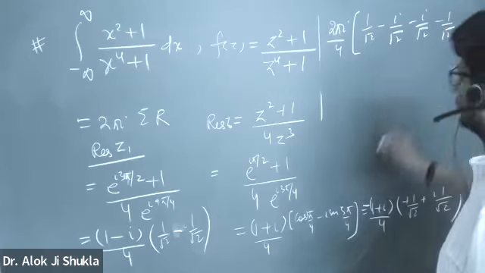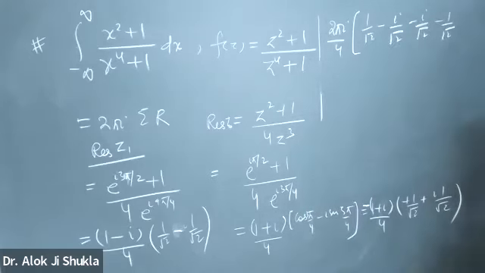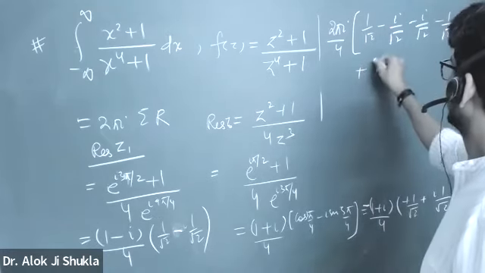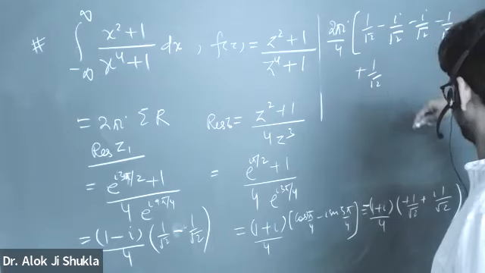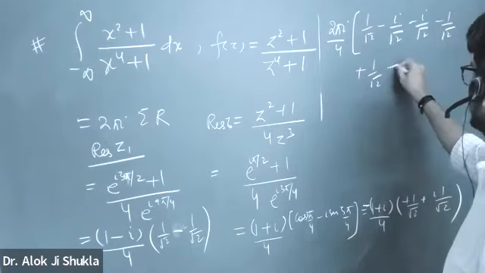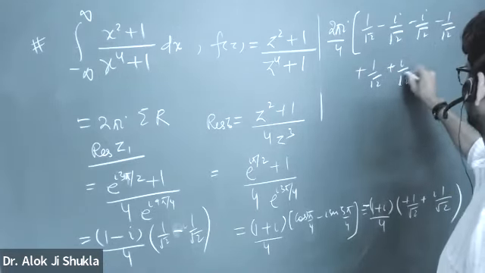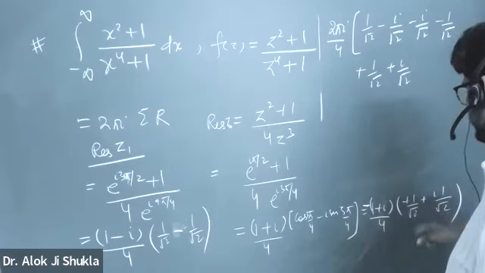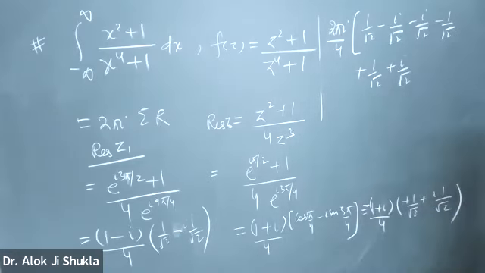Multiply once. 1 by root 2, minus I by root 2, minus I by root 2. This will become plus, and minus 1 by root 2, correct? And here 1 by root 2 plus I by root 2, and there is a minus sign also, no?